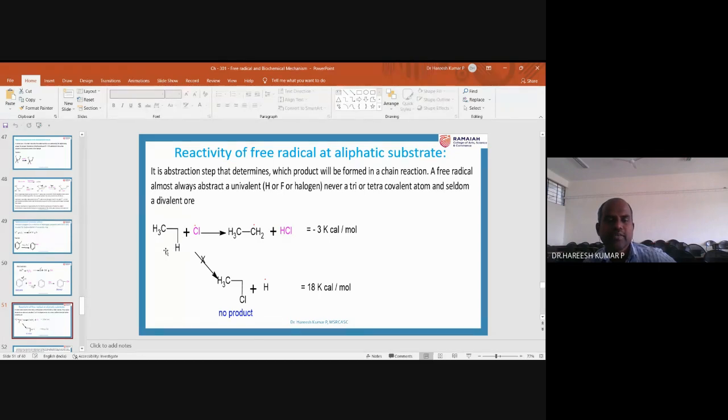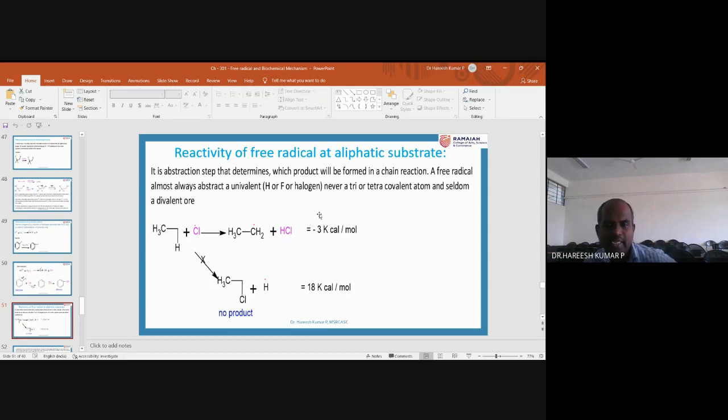Ethane, when it is treated with chlorine, more particularly chlorine radical, the CH bond undergoes homolytic cleavage, forming an ethyl radical, and there will be a liberation of HCl neutral product.